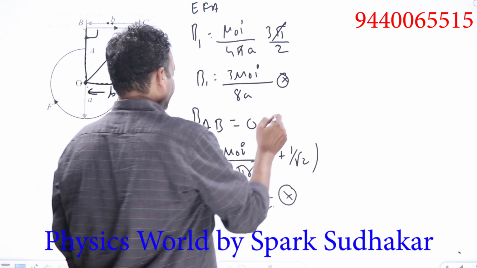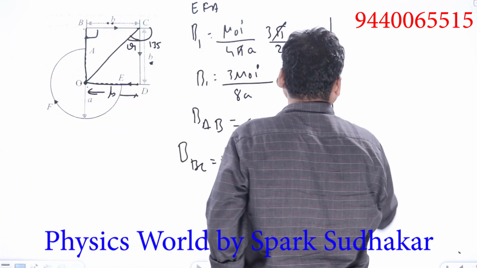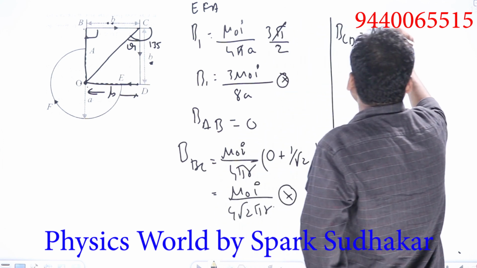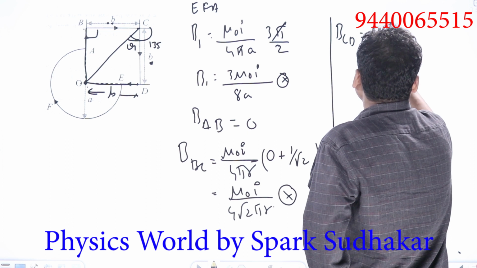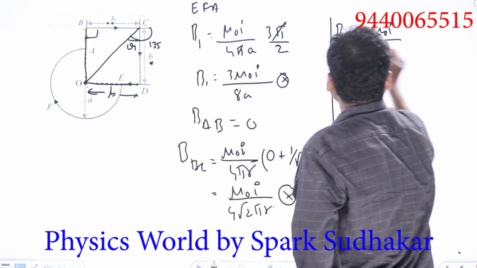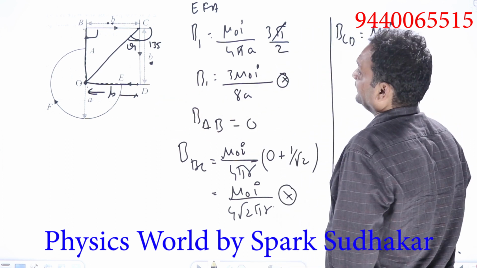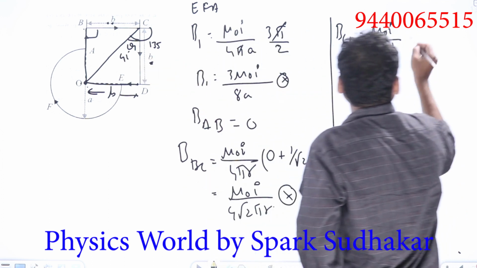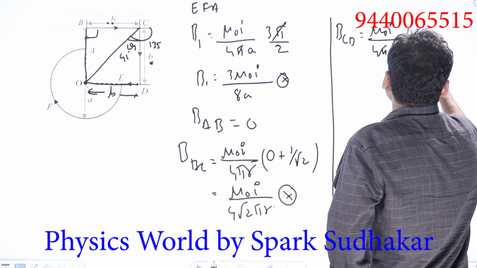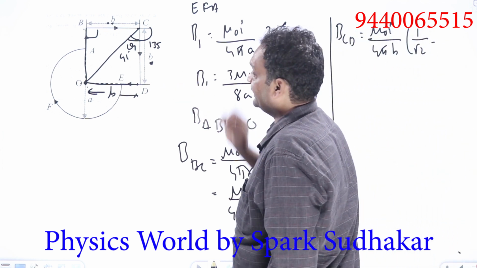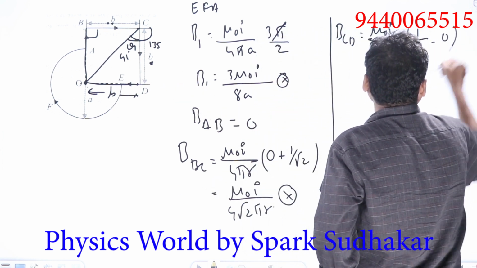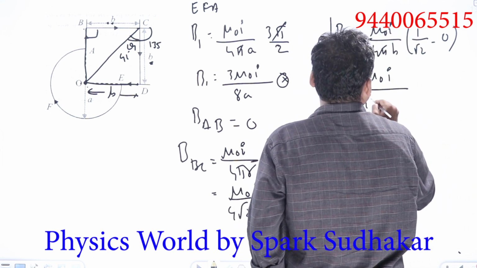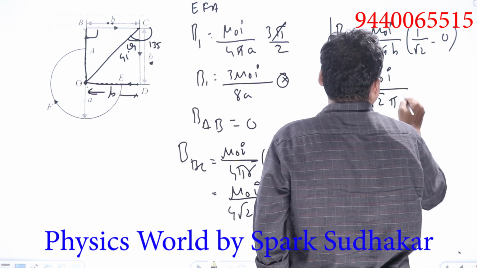So B_CD is equal to mu naught I by 4 pi, the distance is B, into cos theta 1. Theta 1 is 45 degrees, and cos 45 is 1 by root 2, minus cos theta 2. Theta 2 is 90 degrees, so cos 90 is 0. So this is nothing but mu naught I by 4 root 2 pi B.